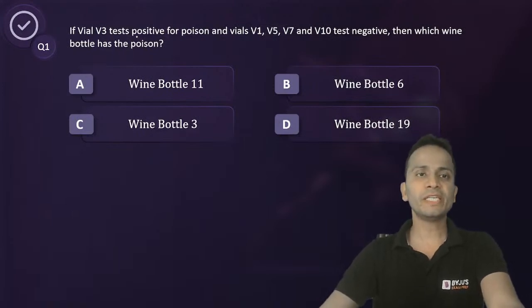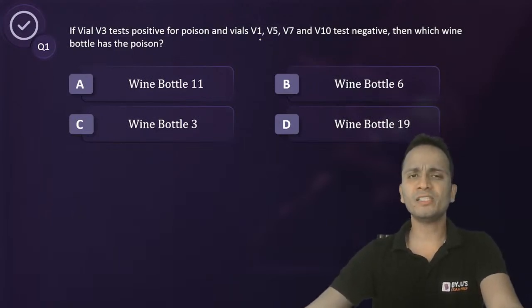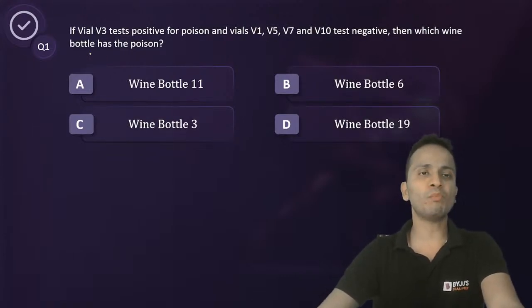If V3 tests positive for poison and V1, V5, V7, and V10 test negative, then which wine bottle has the poison? And here is the table.